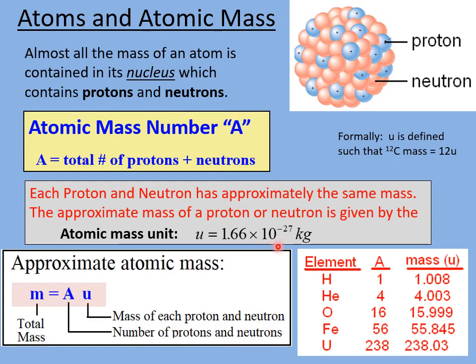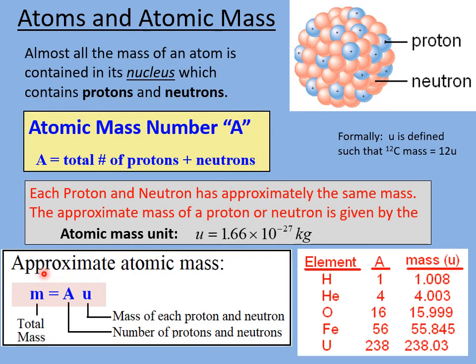It's 1.66 times 10 to the minus 27 kilograms. This is not surprising because each proton and neutron is an extremely tiny subatomic particle that exists inside a single atom. But the idea here is that instead of thinking about the mass of a proton or a neutron in terms of kilograms, we will just say it has a mass of 1 atomic mass unit, or 1 U.